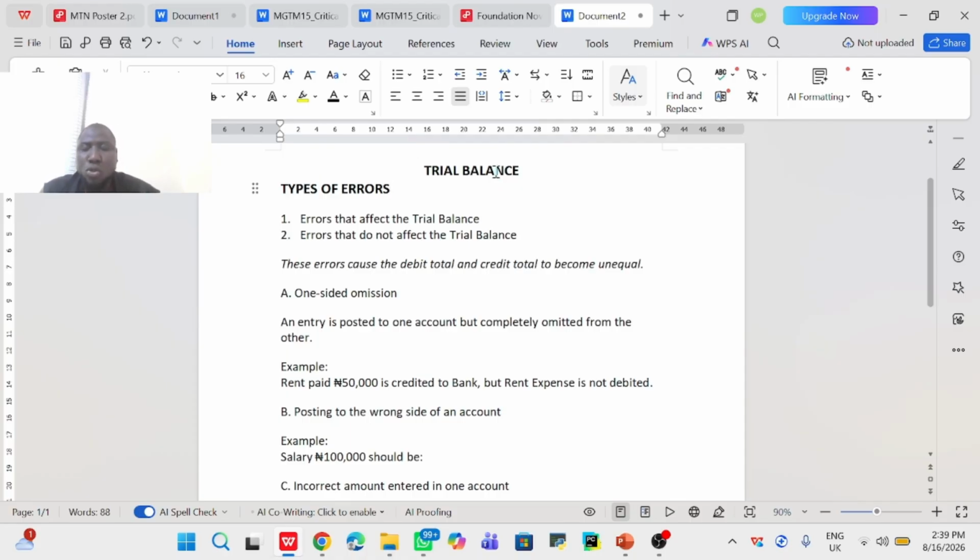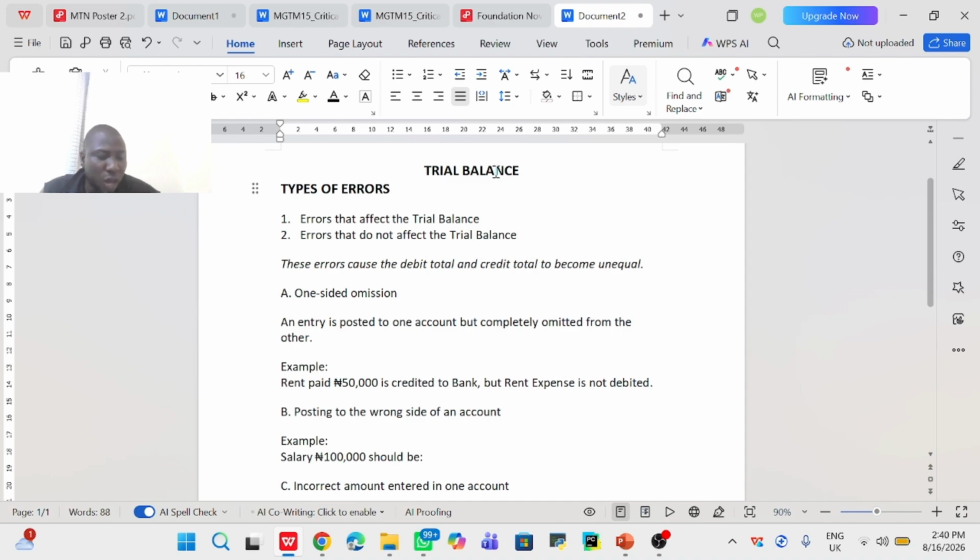That is one of the errors that happen. Or you have 20,000 naira as your credit and 10,500 naira as your debit. That means they are not equal. That kind of error is the one we want to discuss shortly.